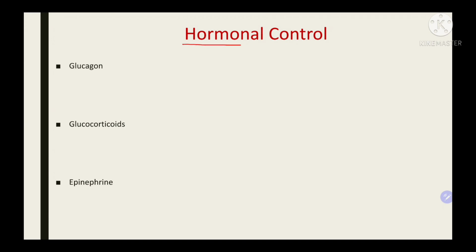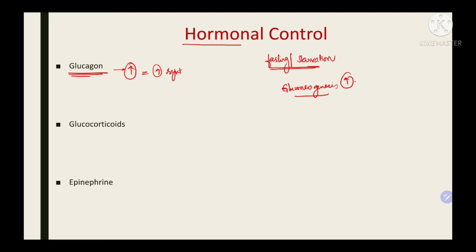Coming to hormonal control, in conditions like fasting or starvation, all these hormones mainly act to increase gluconeogenesis. Glucagon mainly increases gluconeogenesis by increasing the rate of synthesis of key gluconeogenic enzymes.